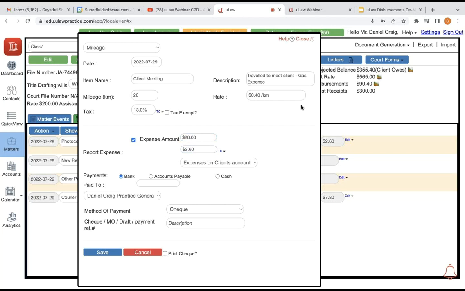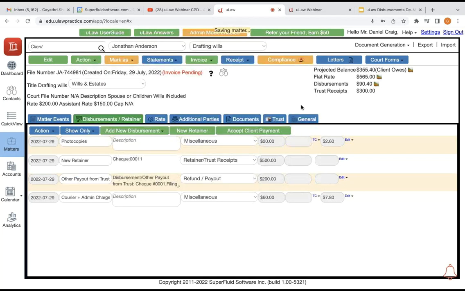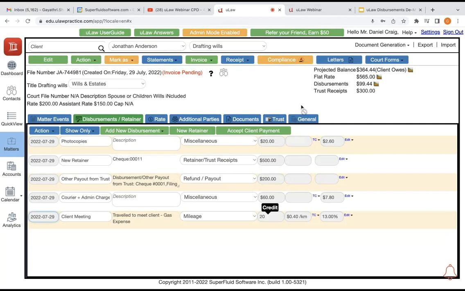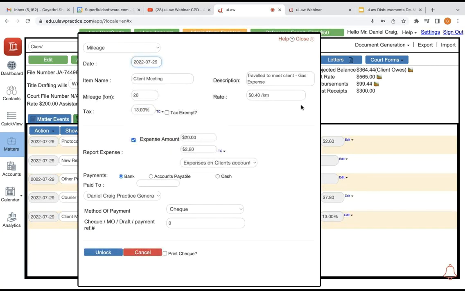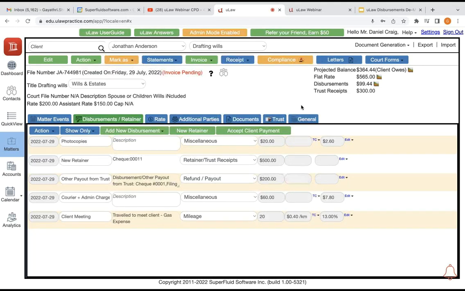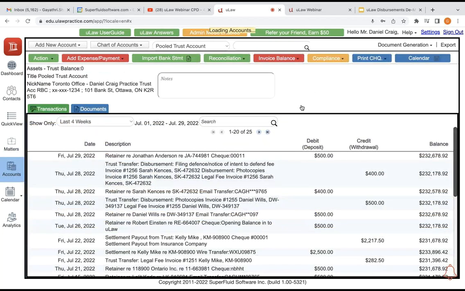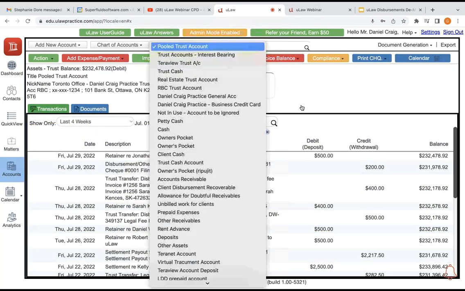Here, you have a choice to enter the amount and save it. You've added the amount in here, for 20 kilometers multiplied by 40 cents per kilometer. And the expense amount that you've reported goes into your general account, because that's the one that I have clicked.